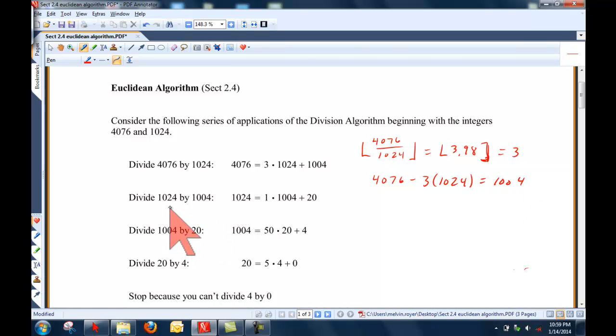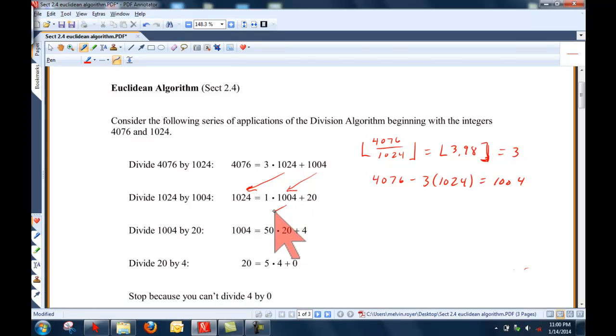So now I have the numbers 1024, and this new number 1004 came out. Let's take this and bring it over as the new dividend, and the old remainder and bring it over as the new divisor. So now the division algorithm produces 1024 as 1 times 1004 plus 20.